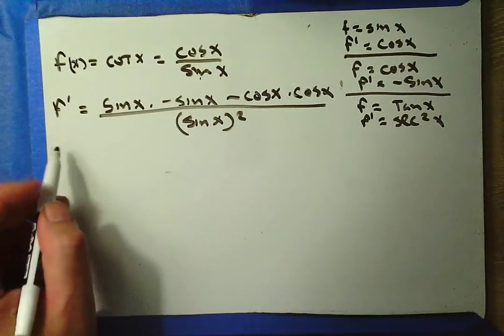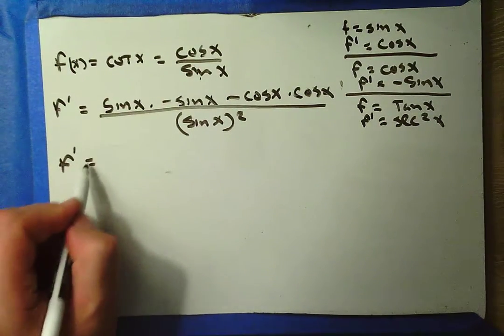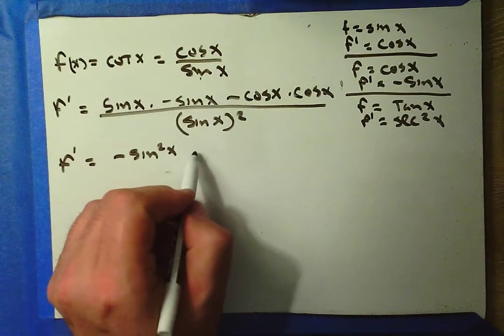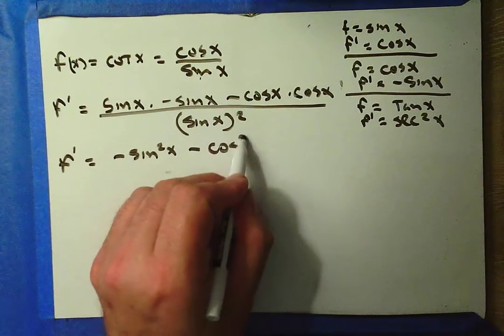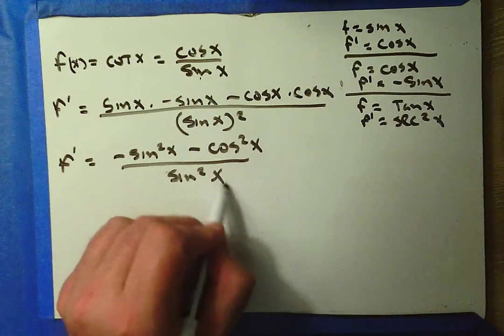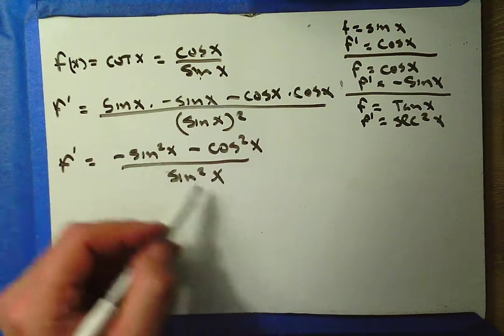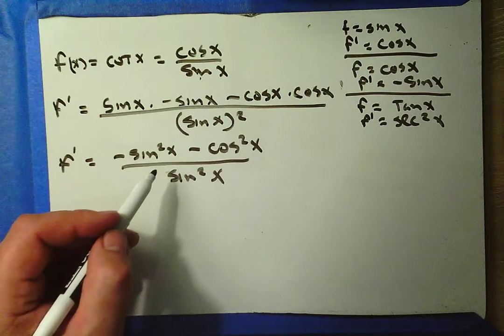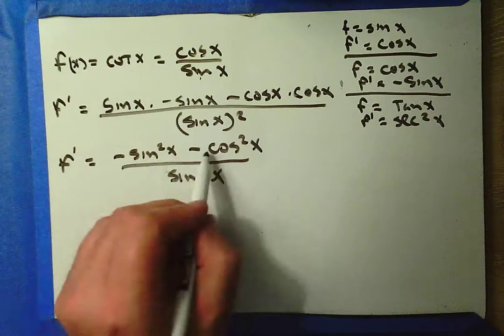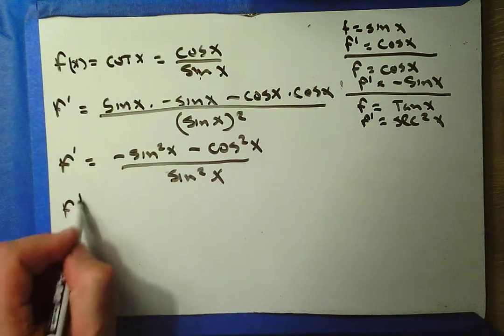squared. And so when we tidy this up, we get negative sine squared x minus cosine squared x over sine squared x. And oh my God, if you cancel out these sines, I will chase you with a stick, not a pool noodle. Instead, let's factor out a negative from both of these terms in the numerator.